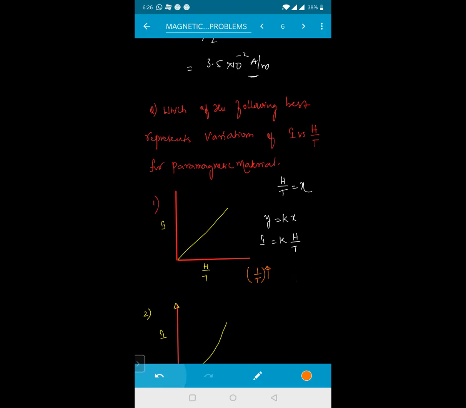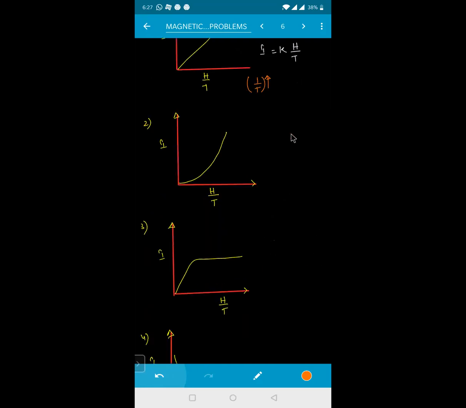So will it be a straight line graph? No, it is not possible, because it is inversely proportional.